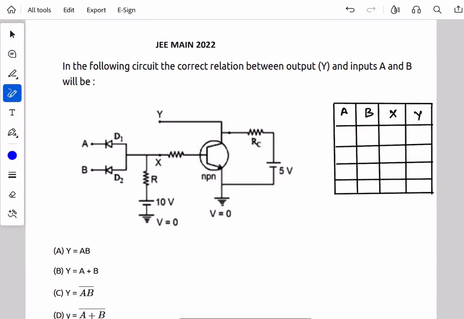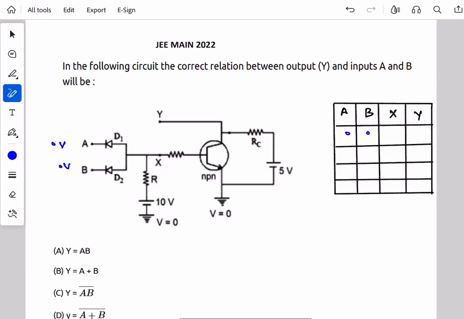In the first case, let us take both inputs A and B as 0. So this means both the inputs A and B are at 0 volt. In this case, both the diodes D1 and D2 are forward biased.